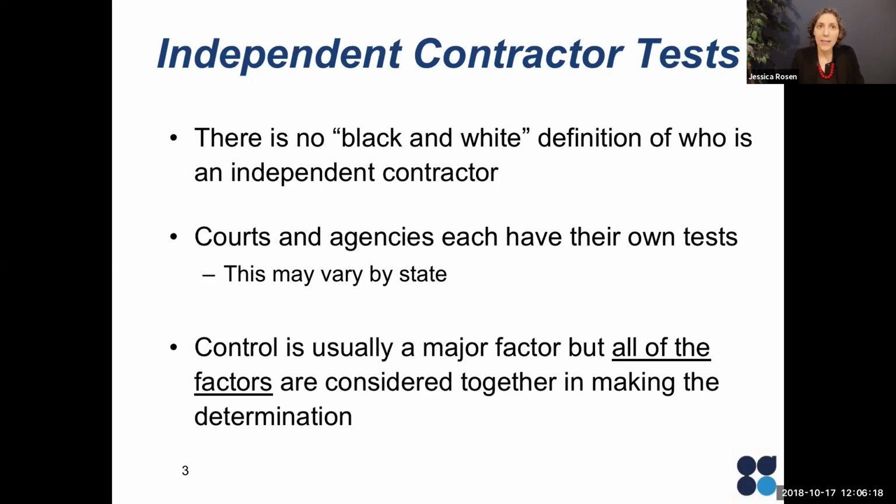The IRS has standards, and there are local equivalents of the IRS, so any agency that deals with taxing in the state may have its own test. There are also workers' compensation issues, unemployment issues, and the National Labor Relations Board. There's a whole host of different agencies that look at this issue differently.